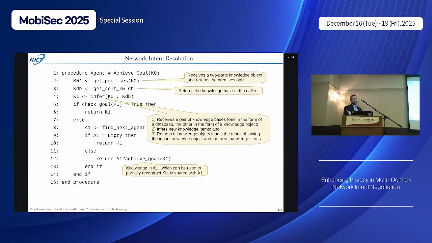So that's the idea. If we wanted, we could use some kind of malicious approach with this achieve goal function, by inputting a network intent crafted maliciously to get some particular information from an agent.